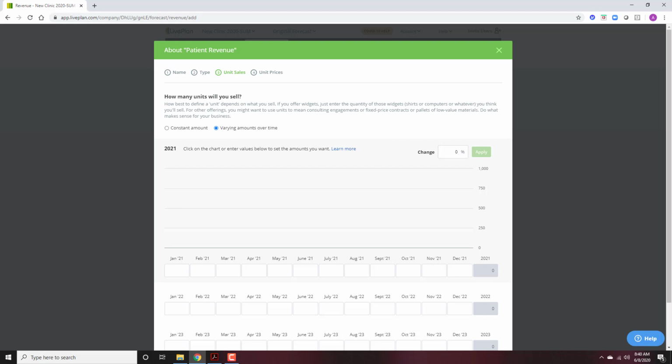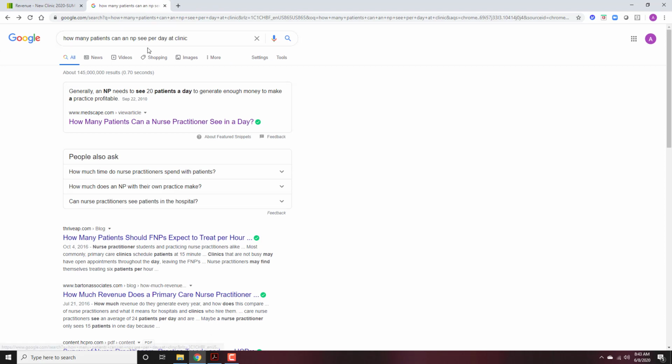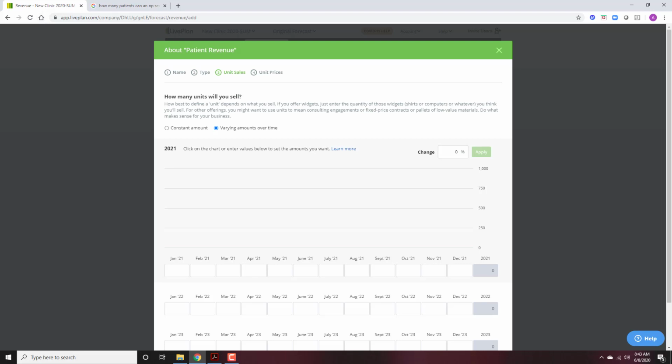So let's just say, all right, so how many patients can they see a day? So I went and Googled how many patients a nurse practitioner can see per day at a clinic. This is from 2010. They're saying 20 a day, 24 a day, 15 a day. So let's just use the average number of 20 per day.